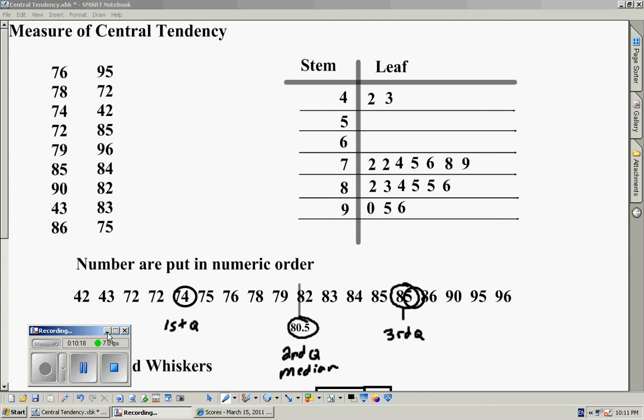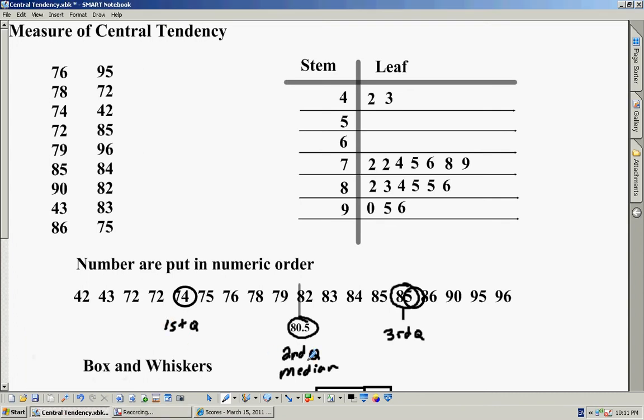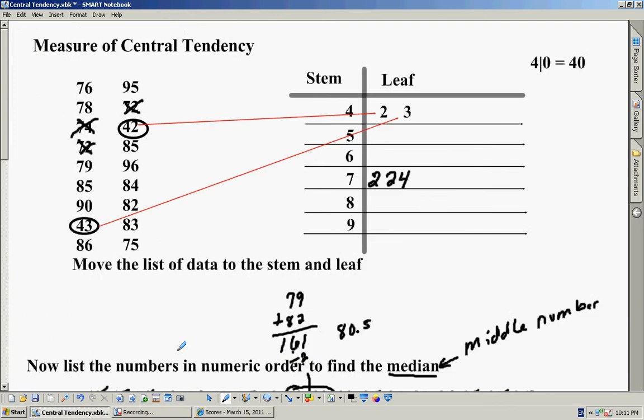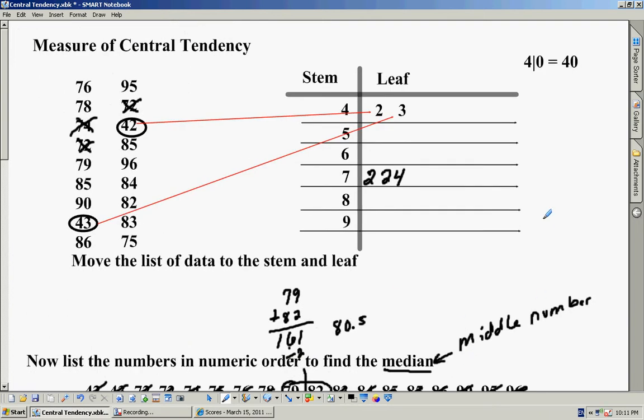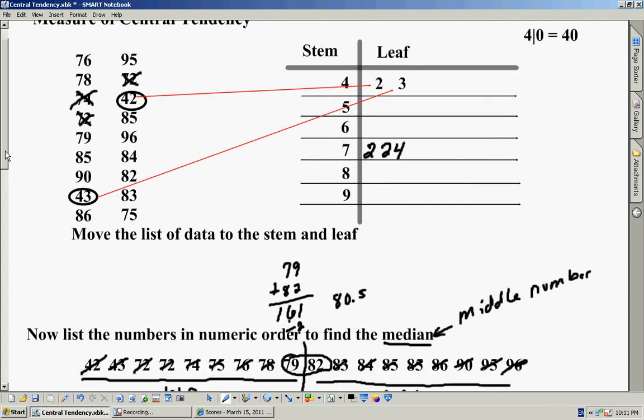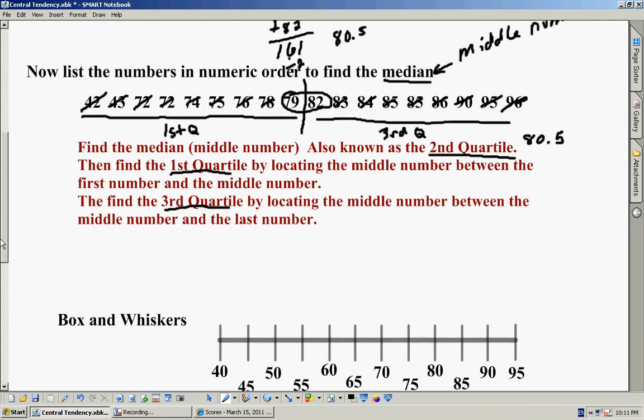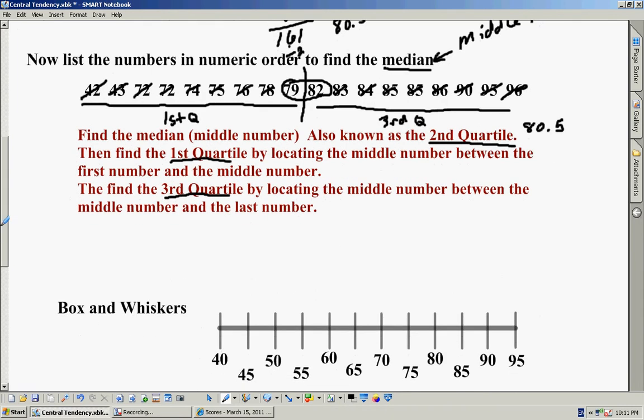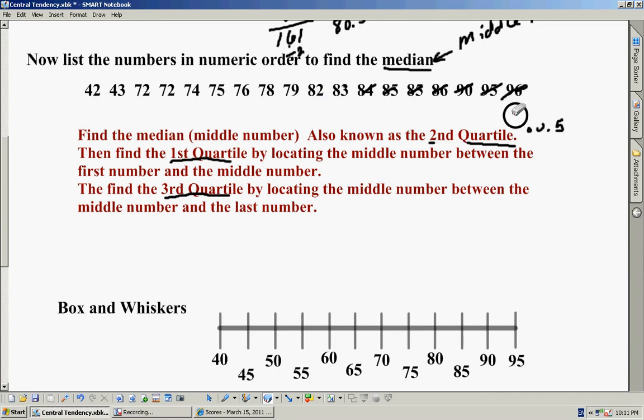Now that we've found our first quartile, our second quartile, and our third quartile, it's time to use this information for our box and whiskers. Now, how do we do that? Let's go back here and scroll down. First of all, I'm going to erase my little markings up here so we can find our information.